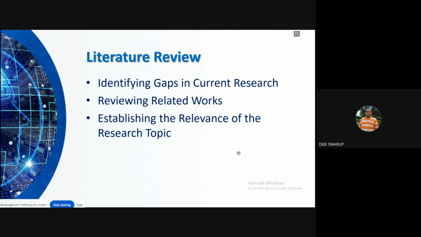Then let us go to the literature review. Why is the literature review important in the introduction? In the literature review, we can identify the gaps in current research, like what things researchers are searching for nowadays. For example, nowadays people are searching for machine learning or deep learning tools.